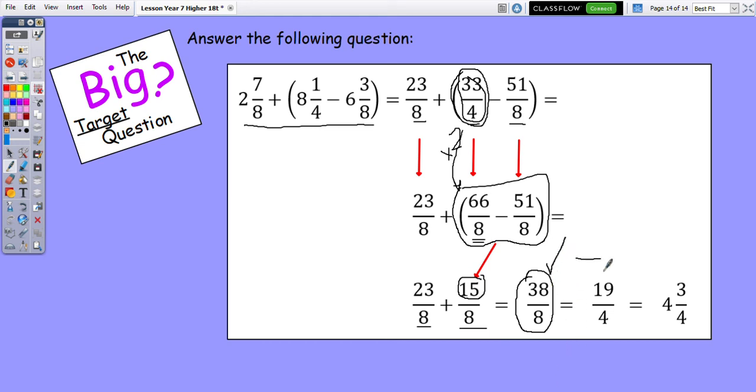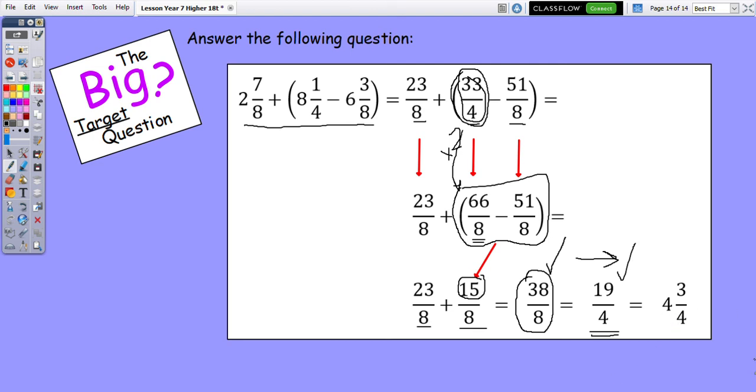I just went an extra step and simplified. So in other words, 38 and 8 are even numbers. I can divide by 2, which is what I did. 38 divided by 2 is 19, and 8 divided by 2 is 4. I simplified the fraction, which is a bit of a Bruty bonus.